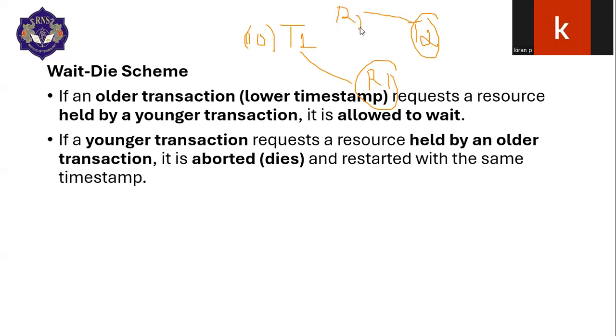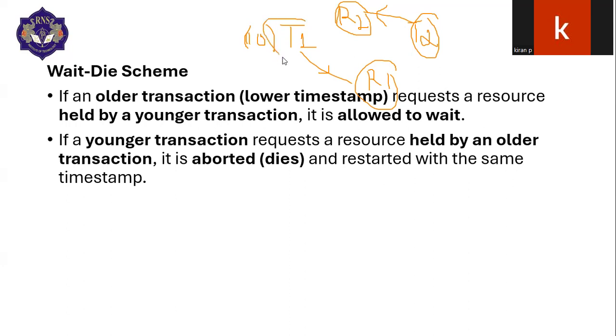You allow R2 because it is a different resource. So transaction T1 has been allocated resource R1, and transaction T2 has been allocated resource R2.